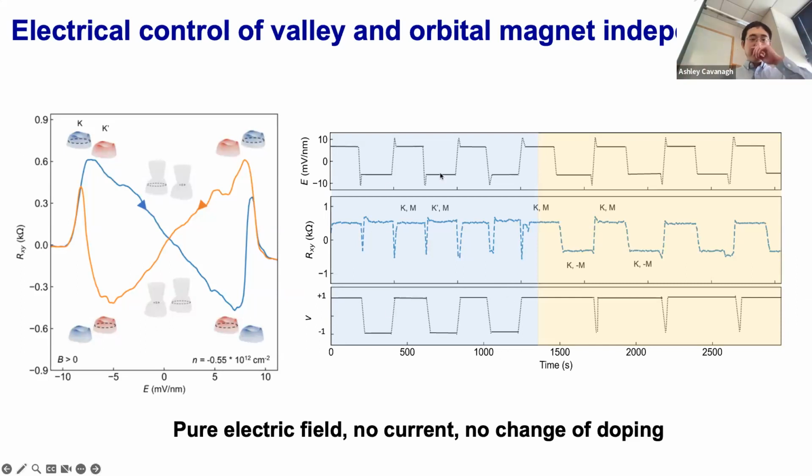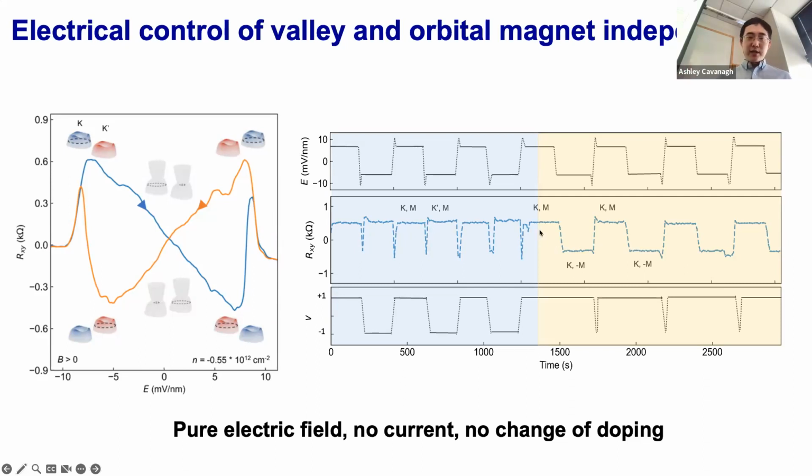So another way of looking at this butterfly is that you have these two things, the valley and the magnetization, so you get a total of 4 states. And with a small magnetic field applied, when you go through the butterfly, depending on the history of your scanning of electric field, you can actually control the valley and the orbital magnetization independently. For example, if you just scan your electric field, you can keep the orbital magnetization with the same sign but switch the valley, going from K to K prime valley.